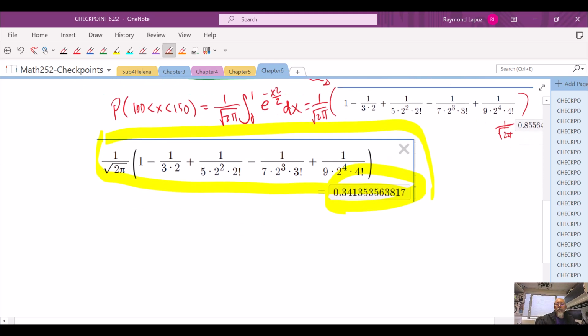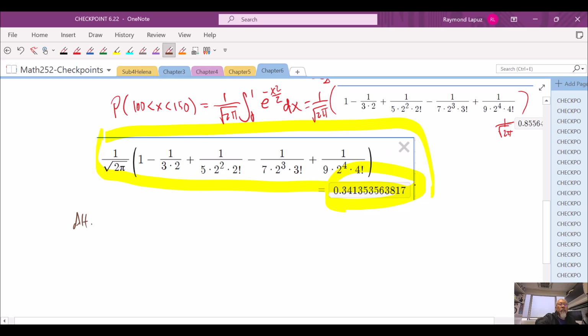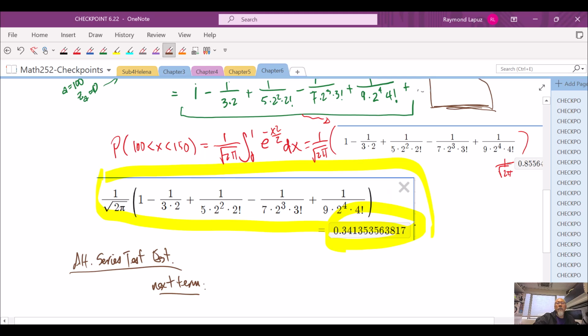So using the alternating series test, the estimate is to look at the next term. And the next term is going to be that term that's missing over here. So that will be 1 divided by, if we follow the pattern, 3, 5, 7, 9, the next odd number is 11. We have 2 raised to the next number after 4, which is 5, and the same number factorial.